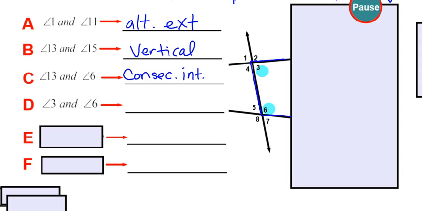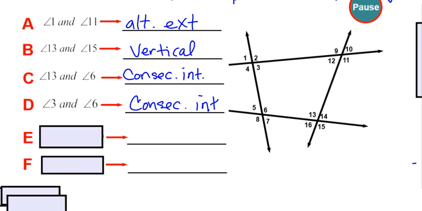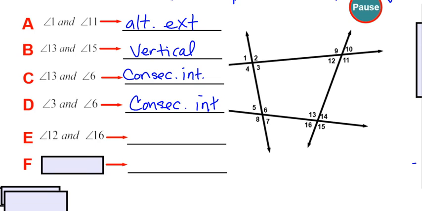And I notice if I trace those two angles, again, there's my C, I have another consecutive interior pair of angles.